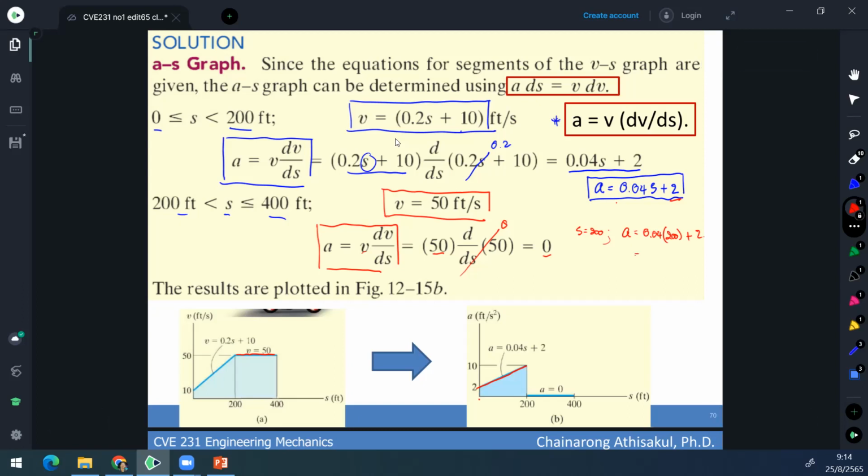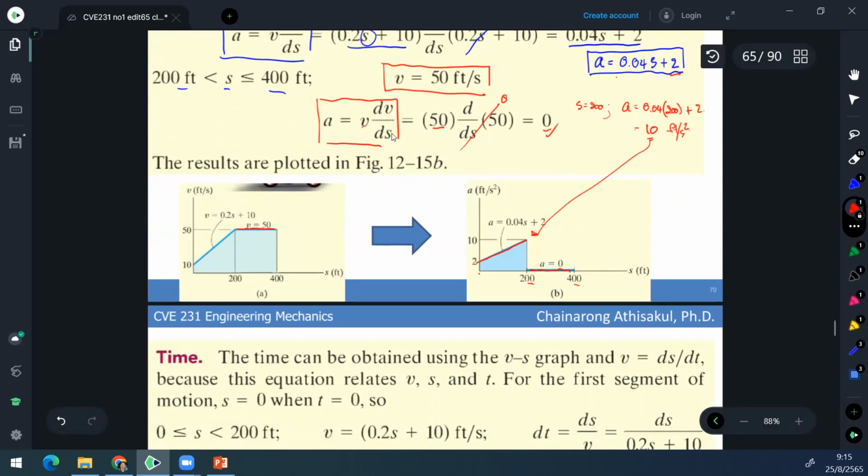Then it becomes 10 foot per second squared. That is this point. And for the position of 200 to 400, acceleration is 0 according to this. Now we can construct the a-s graph.